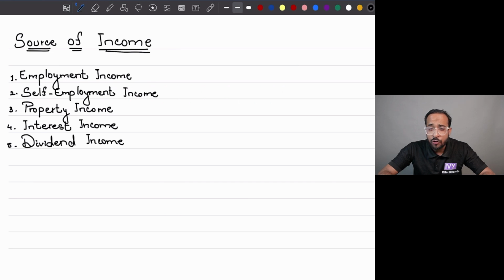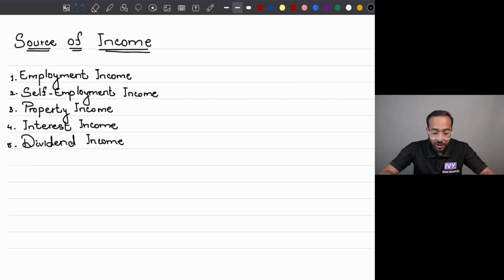These are the 5 sources which normally come to mind to earn. There are also other sources, but these are the regular sources. These sources are included in your course outline. We have a few more sources, but we will learn that later on. But these are the major sources and these are the chapters.